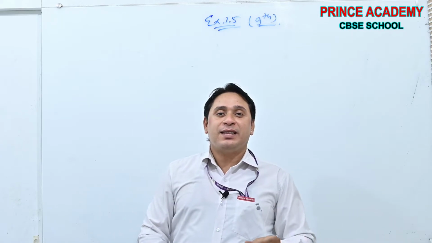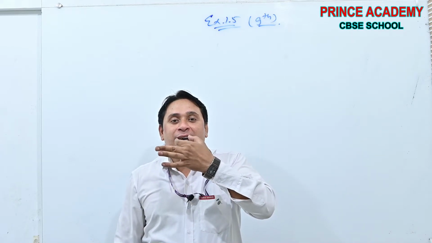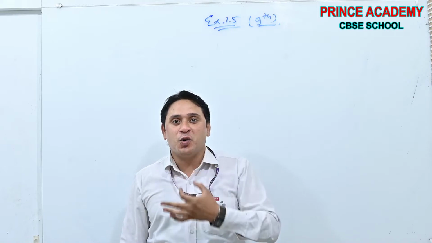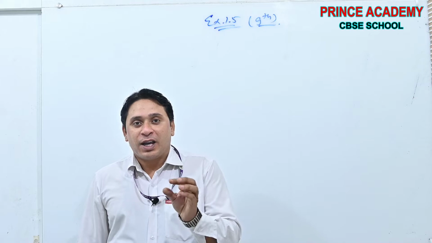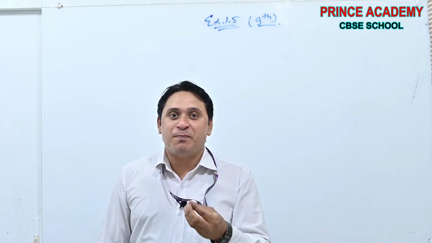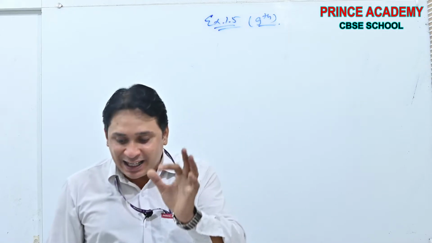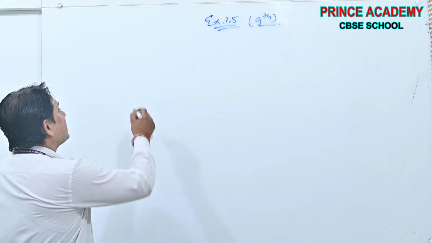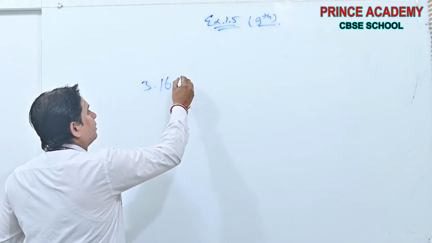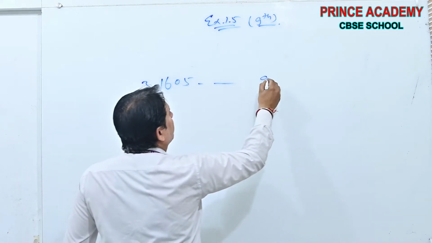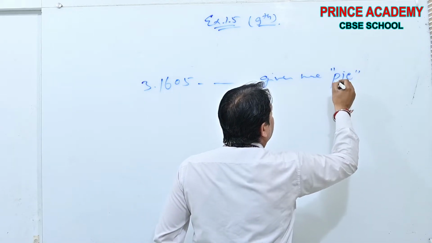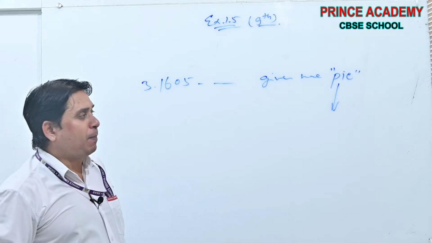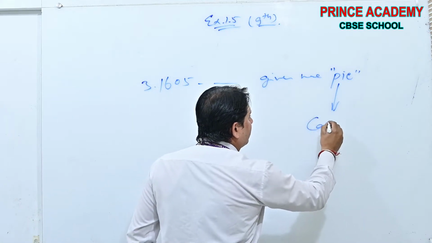So easy that like you are eating a cake. Are you getting my point? If you are eating a cake, it is so simple and it is so easy. That's why this number was given the name pi. And pi means cake.